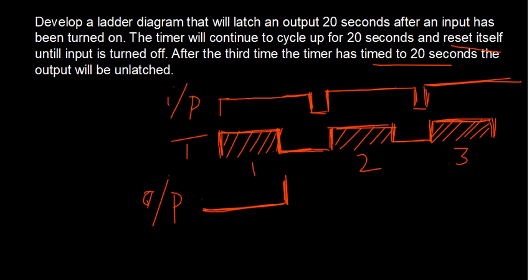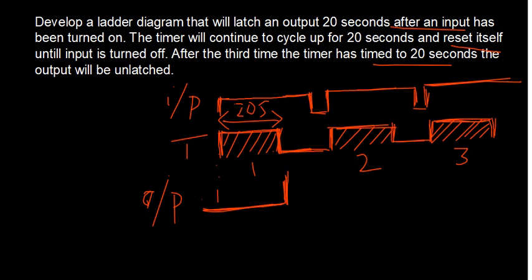Again the output will remain high. The timer is turned on for the second time depending upon the input. Again the output remains high only up to here. The timer is turned on for the third time, and now it is here. Here your output is required to be unlatched.